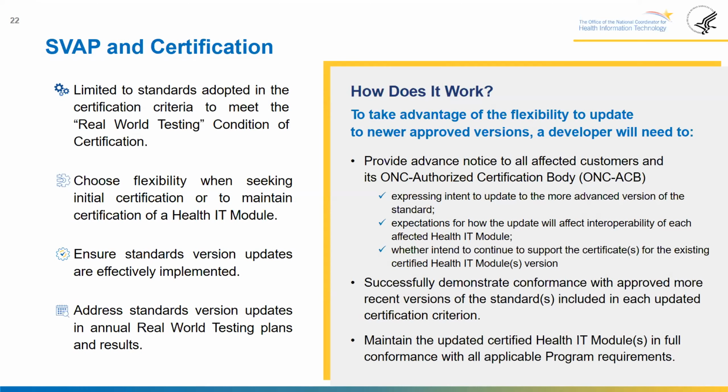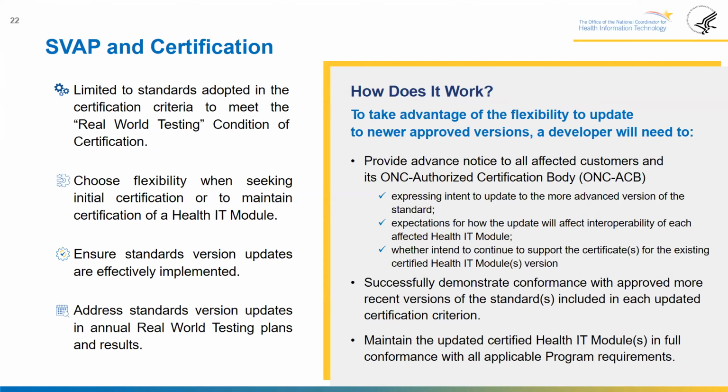Broadly speaking, developers will need to ensure the updates to the newer approved standard versions are effectively implemented and also adhere to all applicable program requirements, such as ensuring their real-world testing plans and results for their certified health IT address the updated standards.